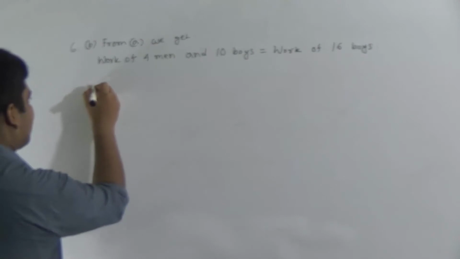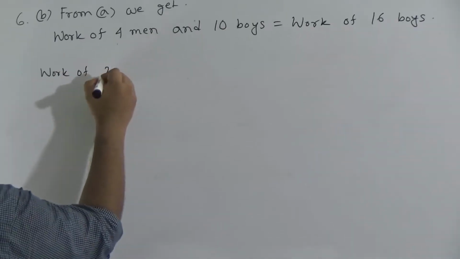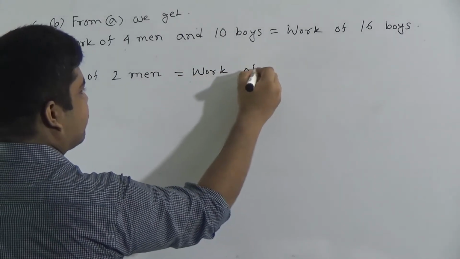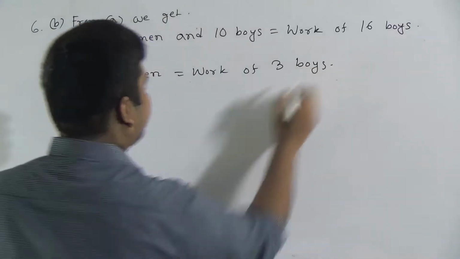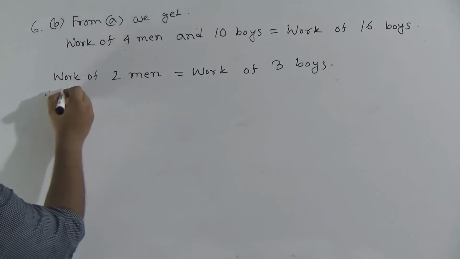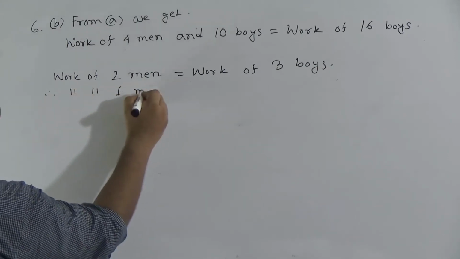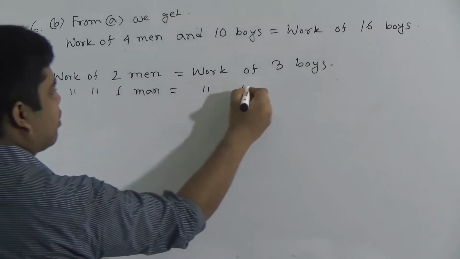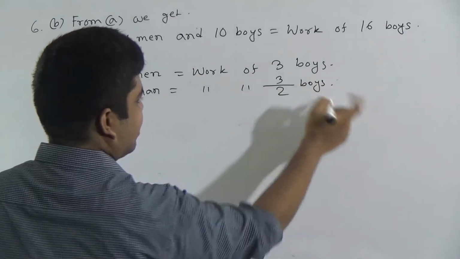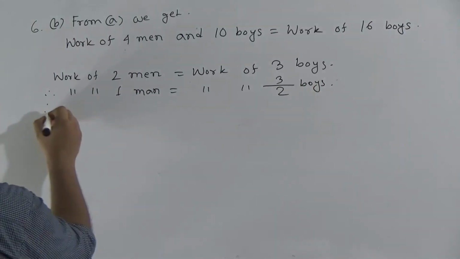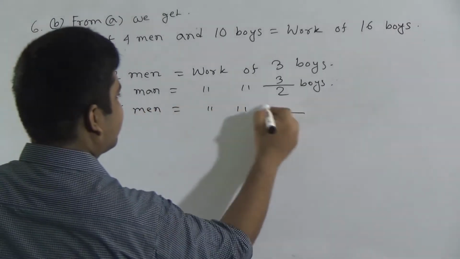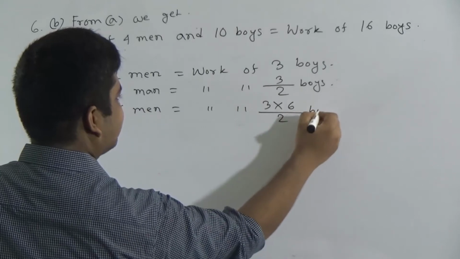Therefore, the work of 1 man equals the work of 3 by 2 boys. Here we have 6 men, so the work of 6 men equals the work of 3 multiplied by 6 by 2 boys.